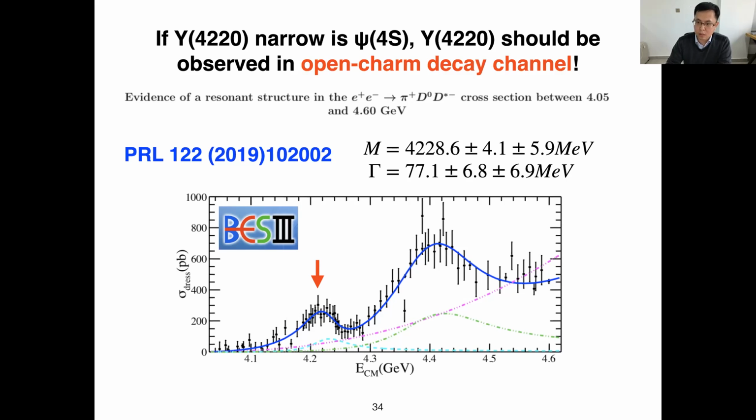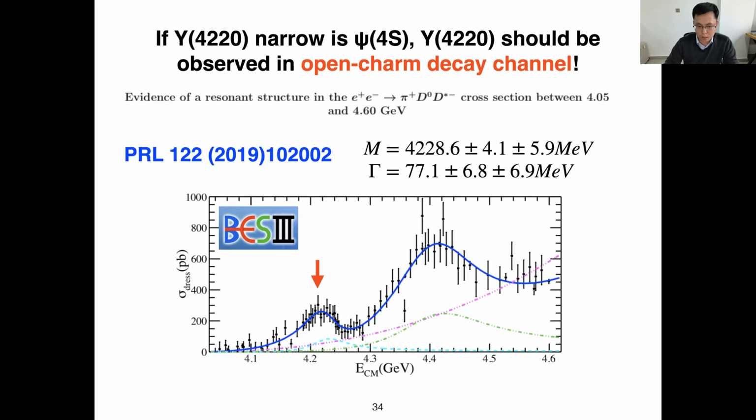If this can be confirmed by experiment, it provides good evidence for supporting the charmonium assignment to the Y(4220).